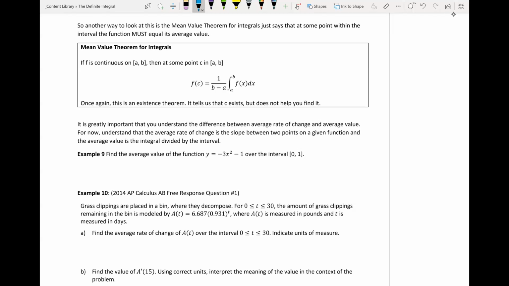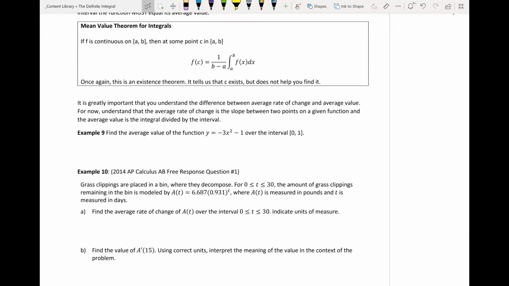All right, so the mean value theorem for integrals can be stated as what we just found there. And then we can now apply this. So for example 9, we want to find the average value of the function y equals negative 3x squared minus 1. All right, so this is our interval. That will be your a, and that's going to be your b.